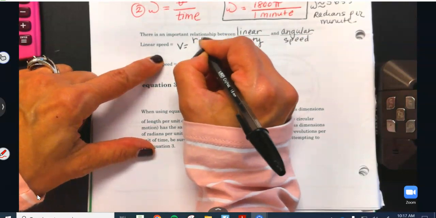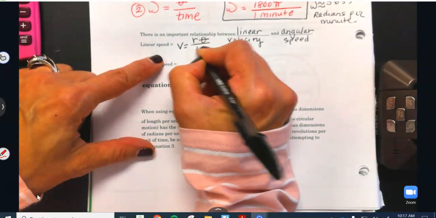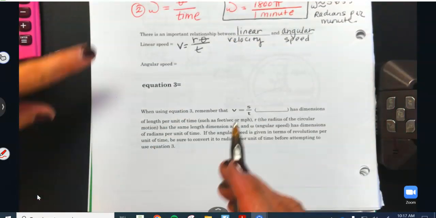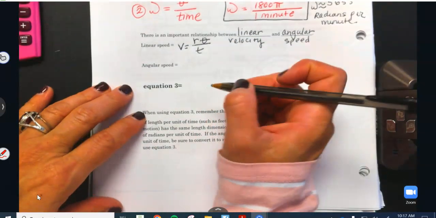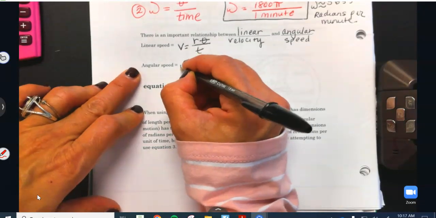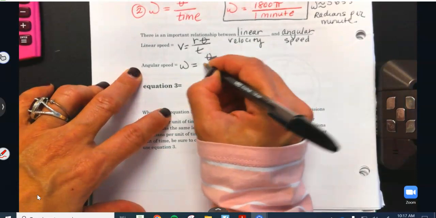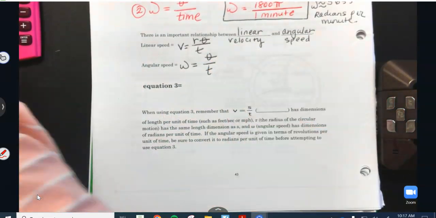Remember, it was r times theta over time. And remember, angular speed, it's off my screen, but it's up there where equation 2 is. Angular speed was our fun little curvy w, and it was theta over time. Now look.